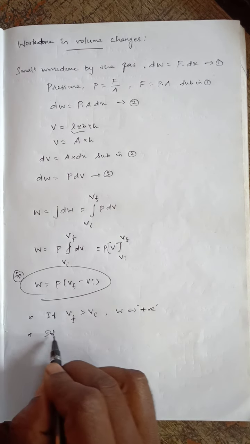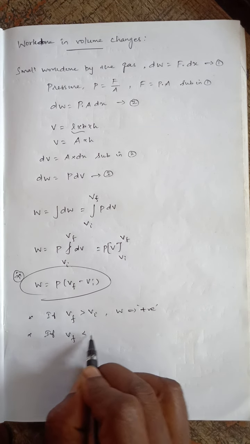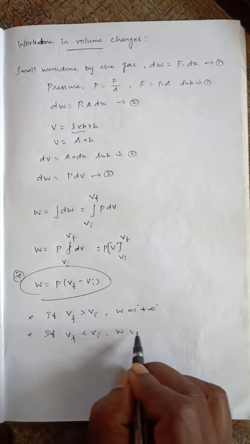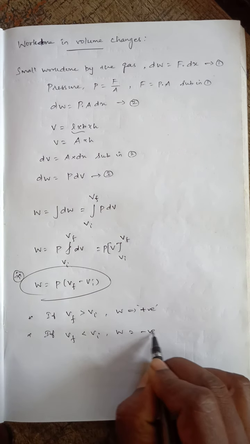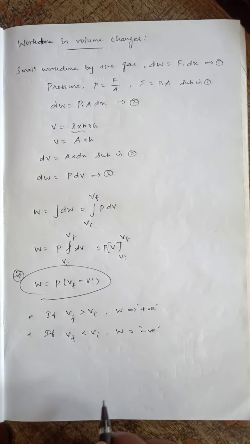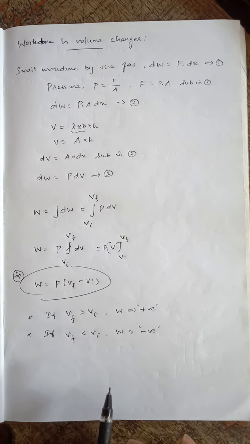At the same time, if the initial volume is greater than the final volume, so Vf is less than Vi, then Vf minus Vi gives a minus, so W becomes negative. So based upon the increase or decrease of volume, the work done by the gas will be positive or negative. This is a 3 mark question.